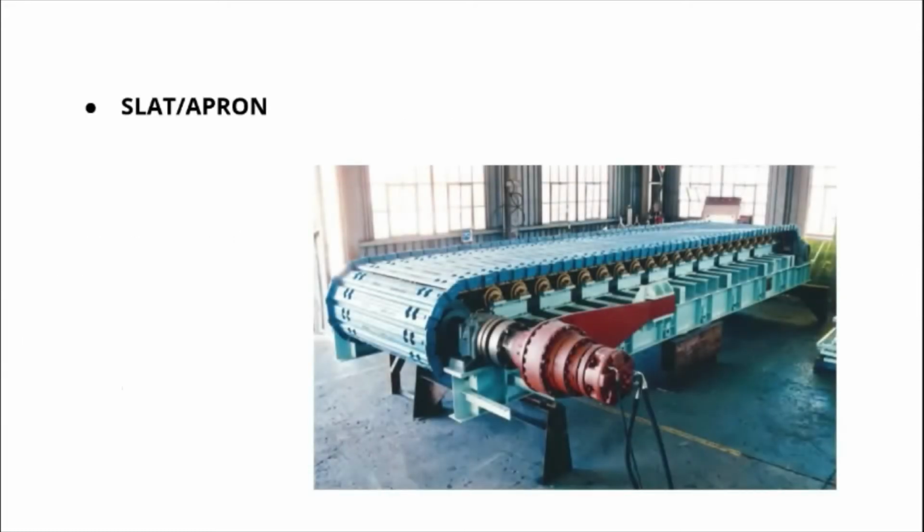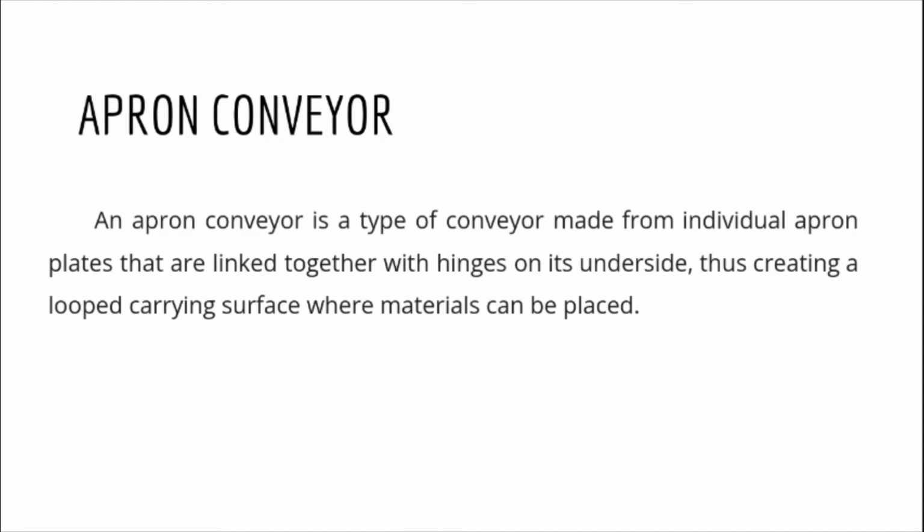The other one is the slat or apron conveyor. An apron conveyor is a type of conveyor made from individual apron plates that are linked together with hinges on its other side, thus creating a looped carrying surface where materials can be placed.